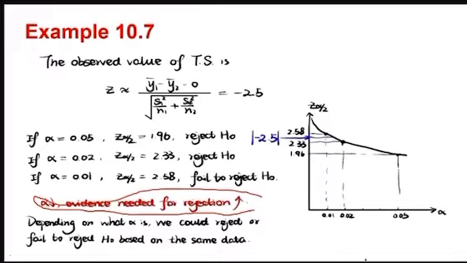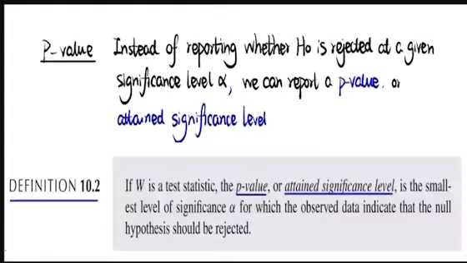The alternative way to take a decision is to make use of a p-value. I just discussed one way of taking a decision, comparing the test statistic with a critical value at any given level of significance. But an alternative way to take a statistical decision is to make use of the p-value.